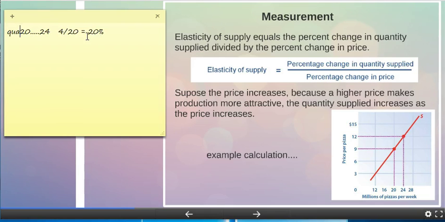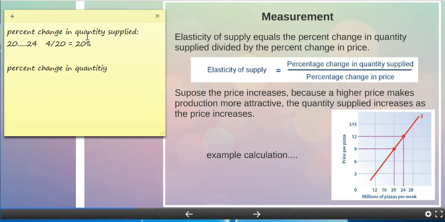This is the percent change in quantity supplied. Now let's do the percent change in price.